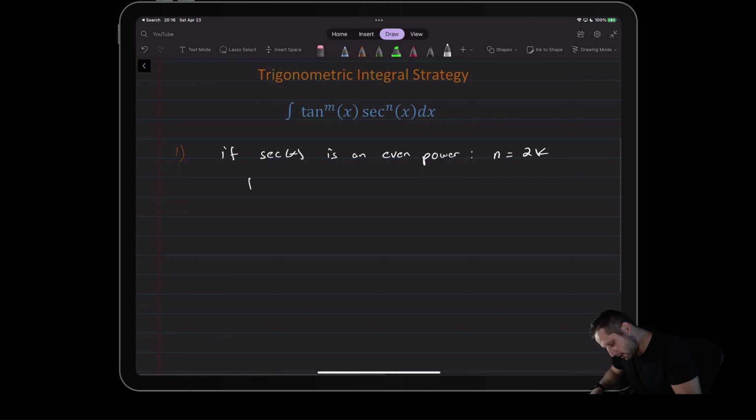We're going to change the power of secant to the n to be secant to the 2k. So this is going to be the integral of tangent to the m power of x times secant of x to the 2k power dx.